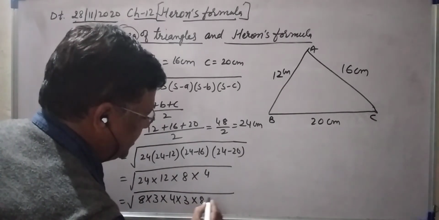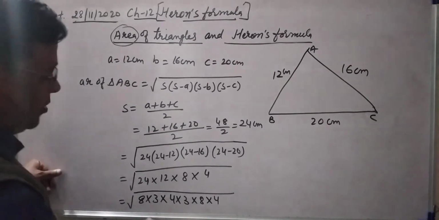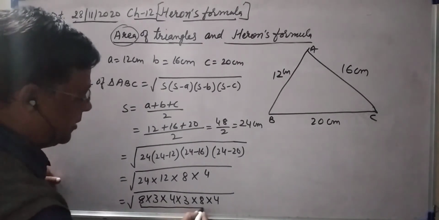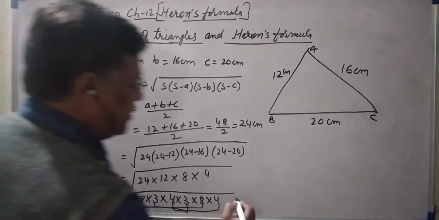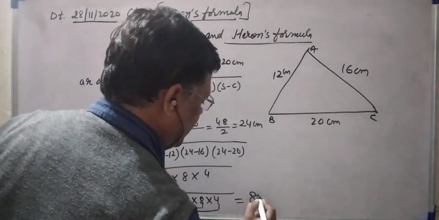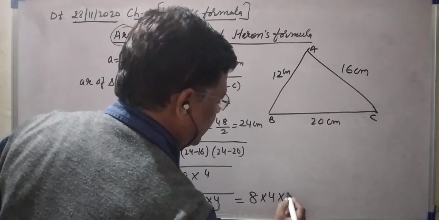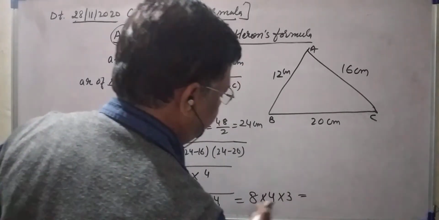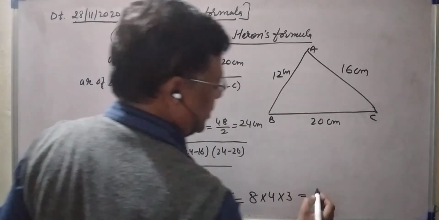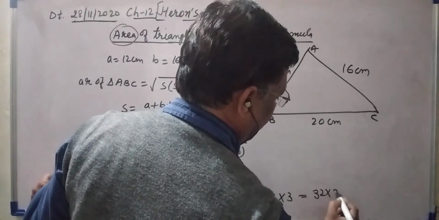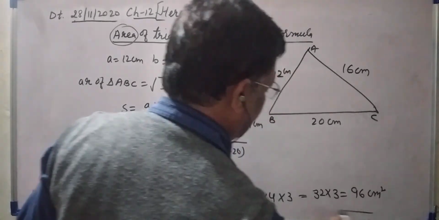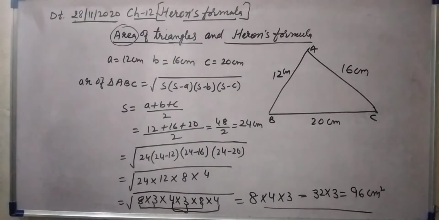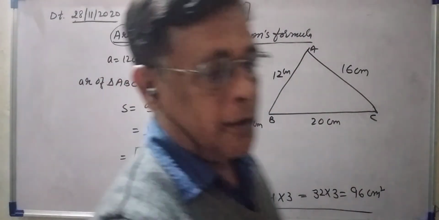This 8 is as it is, and this 4 is as it is. So I got all the numbers: 8 is in a pair, 3 is in a pair, and 4 is in a pair. Out of each pair, we take one number: 8, 4, and 3. So 8 4s are 32, 32 into 3. That is 96 centimeter square. That is the area of the triangle. This way we can use Heron's formula. Okay, dear?